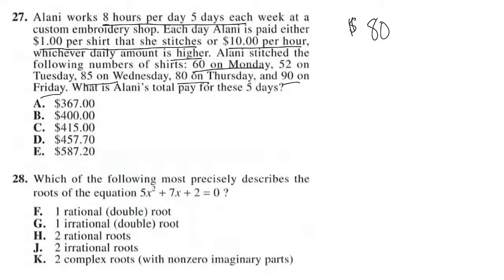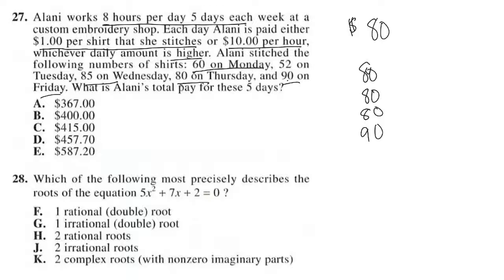So let's see, let's go through and count. Well, she did 60 on Monday, so she needs 80 for Monday. On Tuesday, she did 52. So we're going to still want $80 there. Let's see, on Wednesday, she made the same. On Thursday, she made more, so we're going to say 90. And then 80 and then 90.